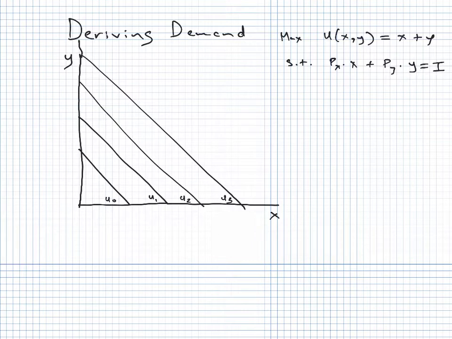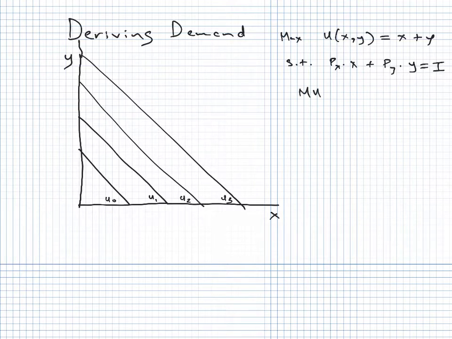Now that we've done some optimal choice analysis, let's turn our attention to trying to derive the demand functions for good X or good Y with our perfect substitutes utility function. So you'll notice in this picture what I've done is I've sketched in a series of 4 different indifference curves. And again, these just have general labels, but the basic idea here is that the marginal rate of substitution for all of them is constant.